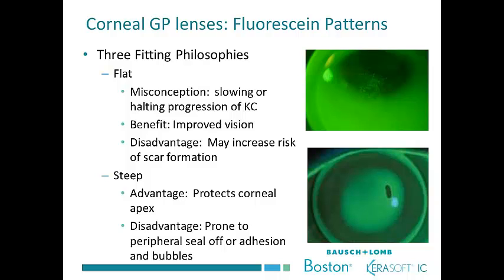Unfortunately, by fitting flat, you will end up increasing the risk for patients to develop corneal scarring. So it can be very compromising to the ocular physiology. But one of the benefits of fitting flat is that the patient may achieve improved quality of vision.